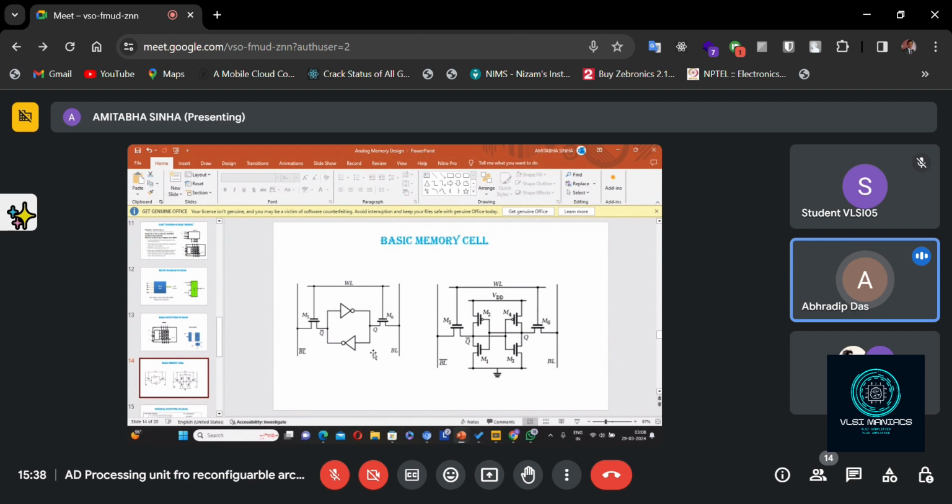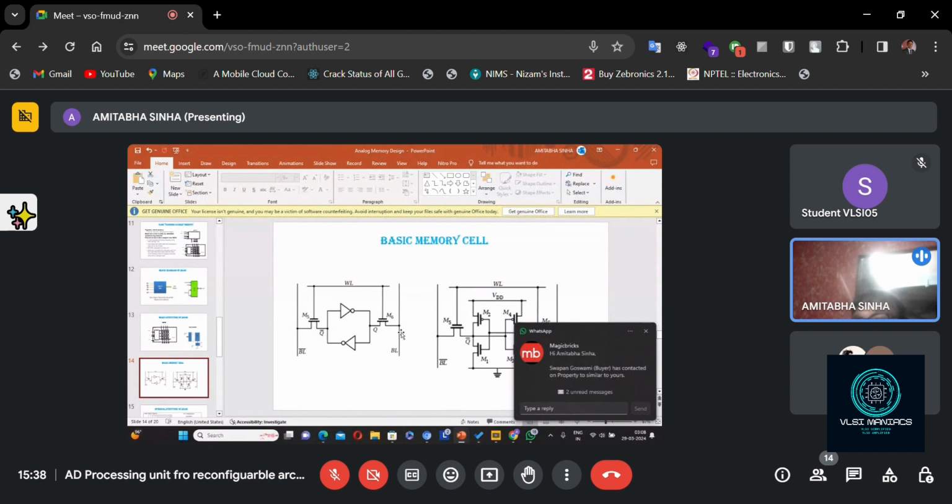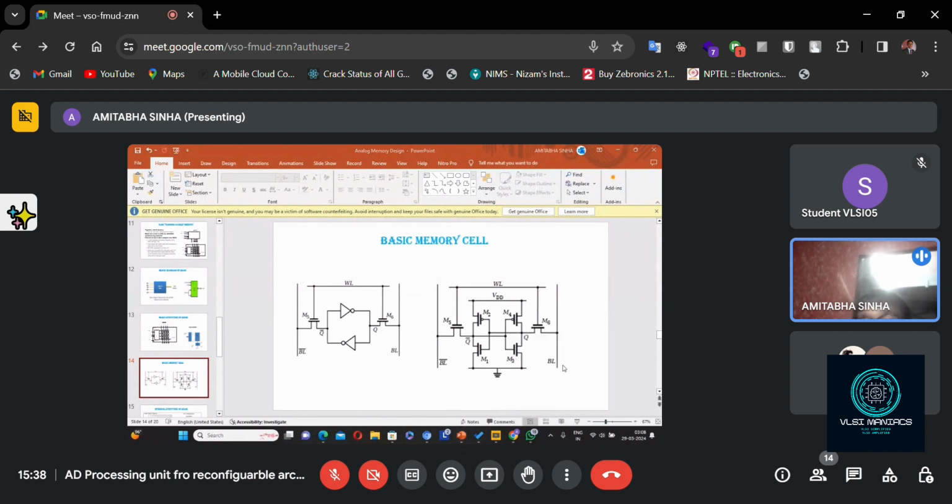The word line, WL. In a practical design, BL line is for writing the data. If we have a separate line for read, we can use transistors controlled by a separate read signal, and the data can be read out, which has not been shown here. Here only data writing has been shown. Understand?